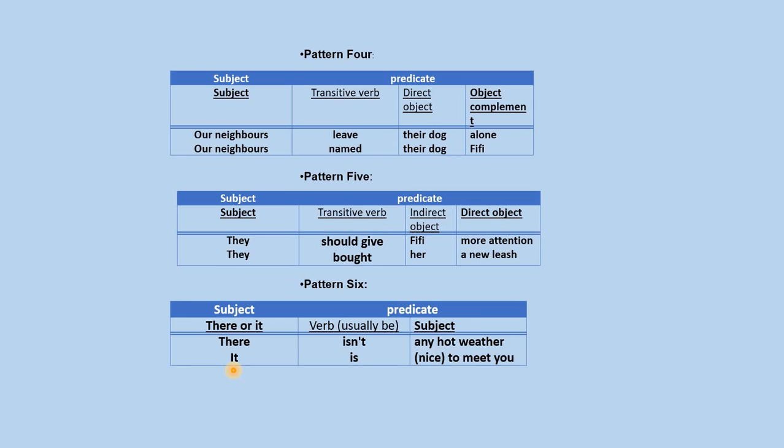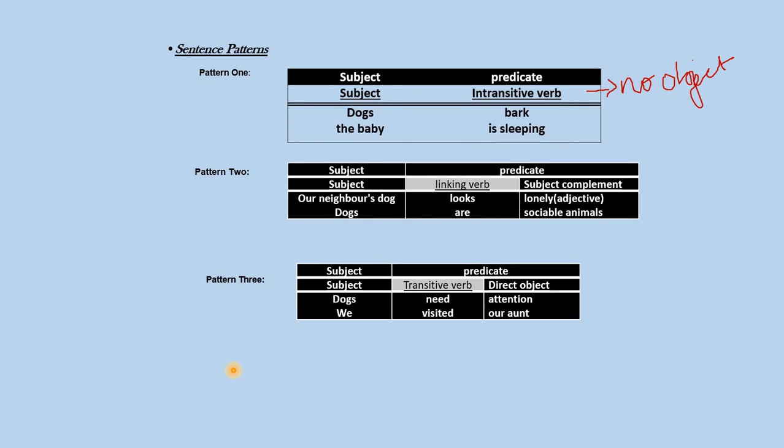If they are questions, we invert only the verb and subject, but the rest will stay as it is. The subject is a subject and the object is an object and the verb is a verb. So no change in this. It is just a question of inverting the subject with the verb, or sometimes I add the auxiliary do. So the patterns of English, there are 6. They are just different shapes that normally the sentence can take.